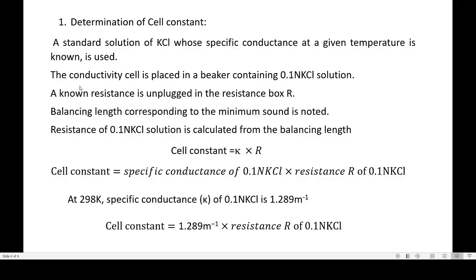For example, we can take that standard solution, that is 0.1 normal KCl solution. It is taken in a beaker and the conductivity cell is dipped.